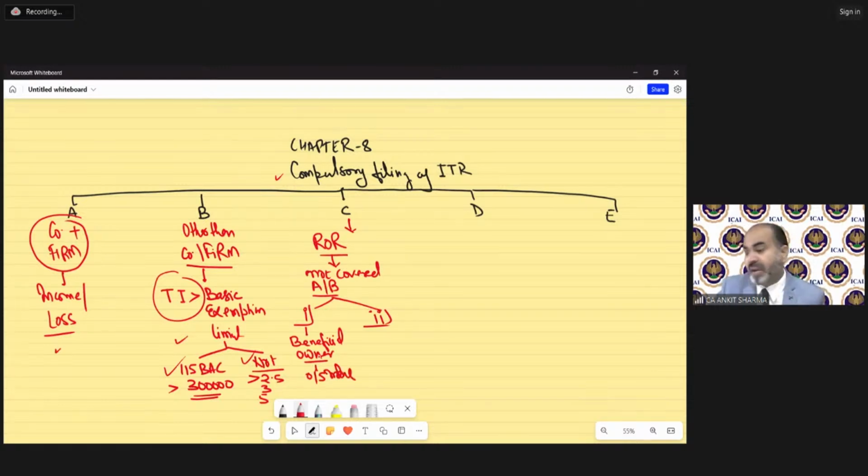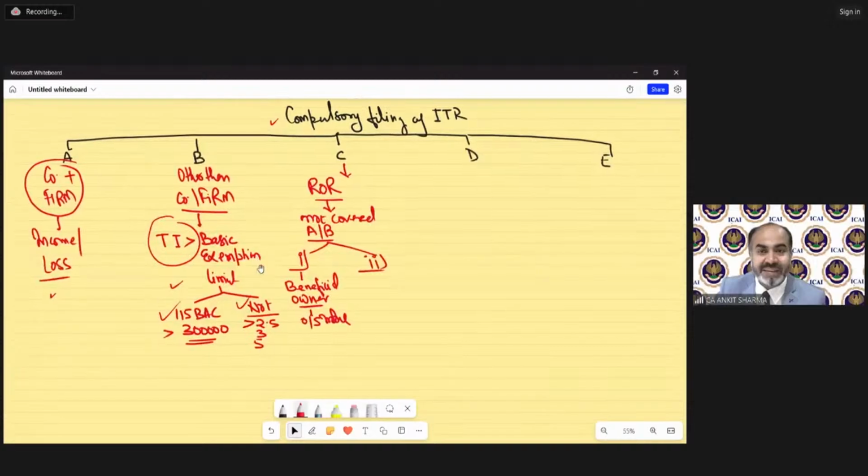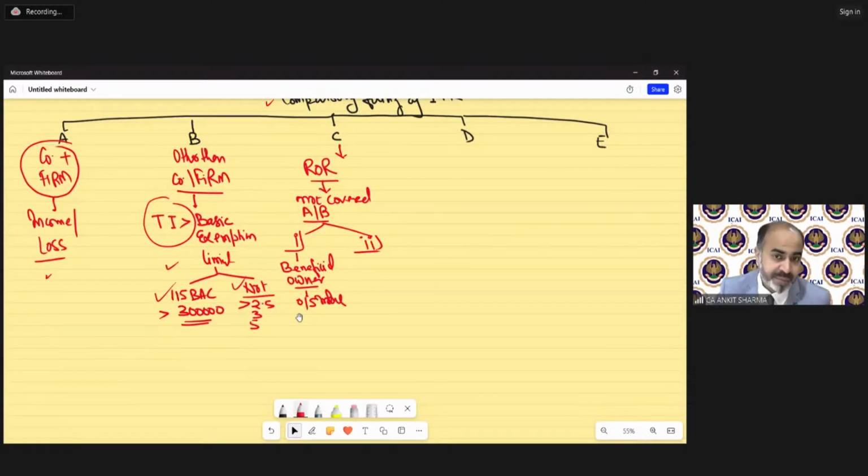So if you are a beneficial owner of any asset which is held outside India, then you have to file your income tax return. Or if you are not a beneficial owner, but you are a beneficiary, what is the difference between the beneficial owner and beneficiary? That I will explain, just wait.